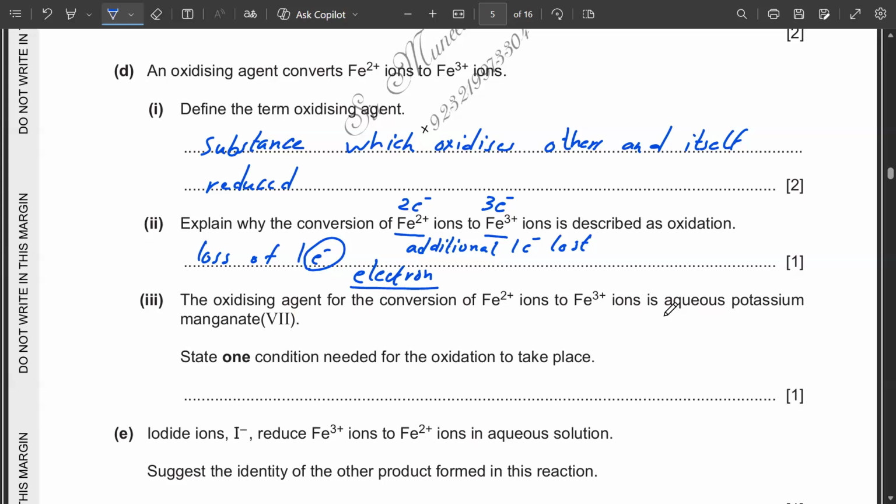The reaction only occurs in acidified aqueous potassium manganate. That's the whole condition and the name of the reagent required for the oxidation. So we will say acidic condition is required.